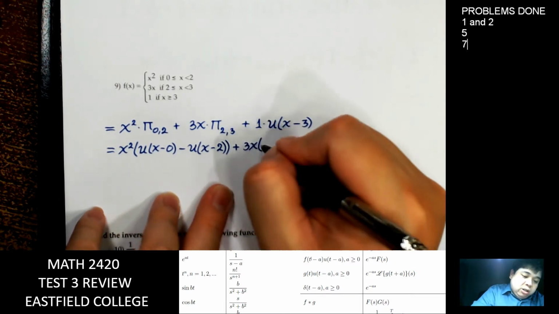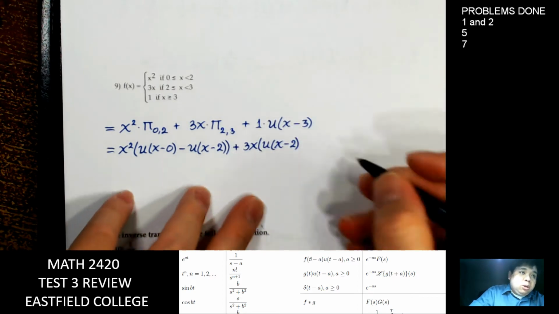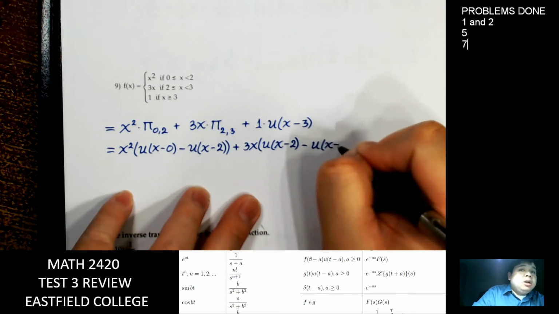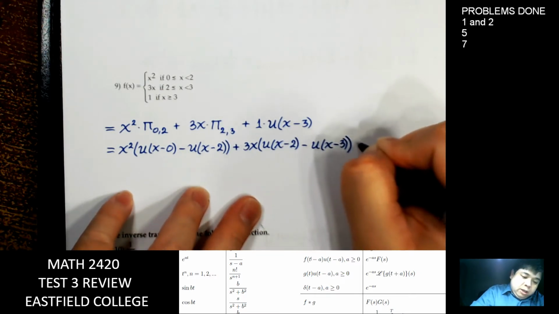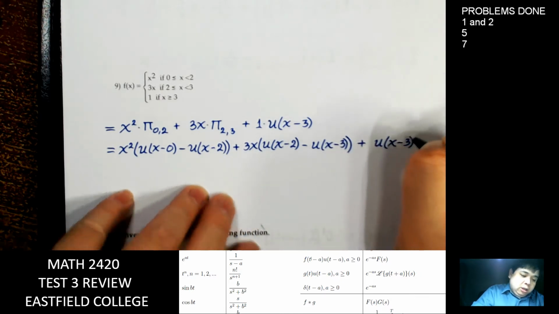This window function, u x minus 2 minus u x minus 3, and this is plus u x minus 3. Right.